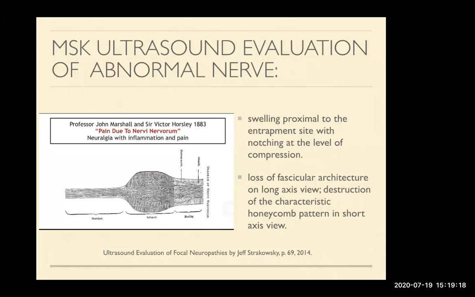What used to be a distinct fascicle tends to become more diffuse, and one fascicle is actually bigger than the other. So you can have a clue that even if the entire nerve circumference or even the diameter of the nerve seems to be normal in appearance, if you look at the fascicles and one of them is bigger than the rest, they are not uniformly the same in terms of sizes, then you can make a hypothesis that this nerve has a problem.